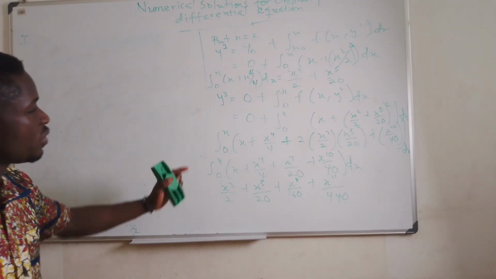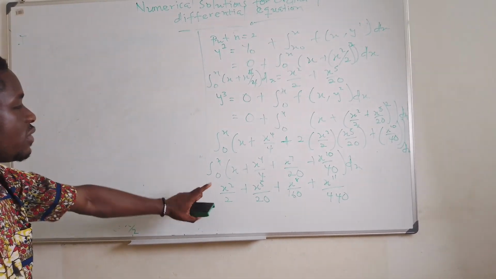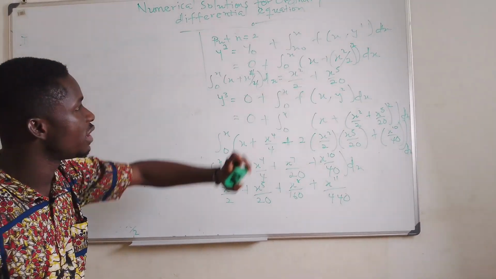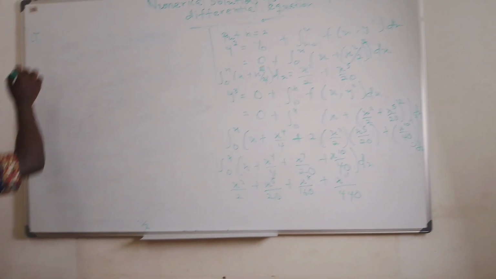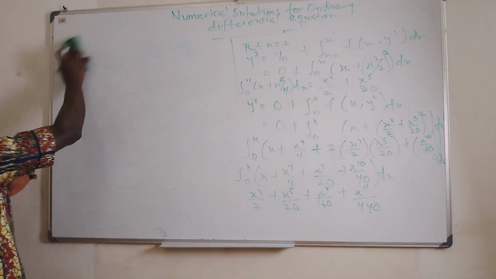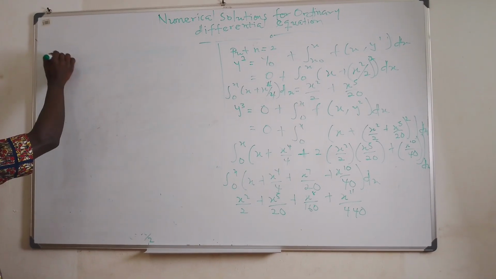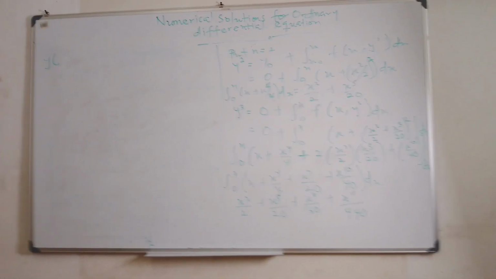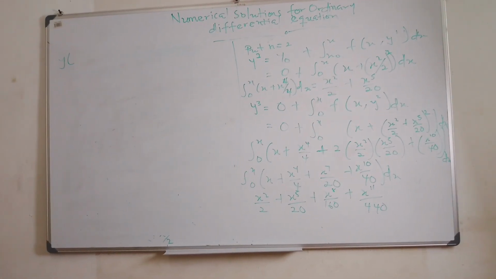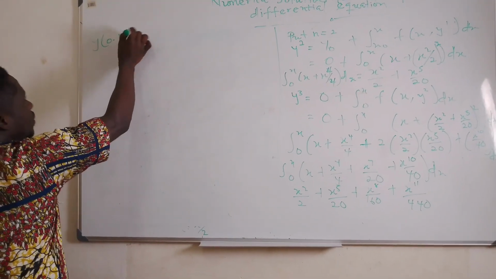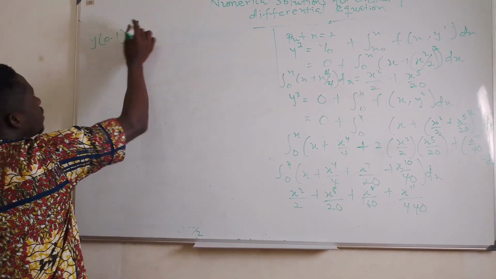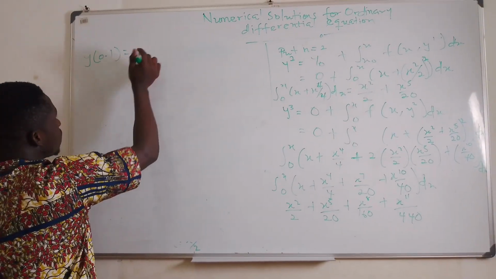Now we've approximated 3 times, so we are going to just place in the point that we are to approximate at. So now y of 0.1. Here x is 0.1.